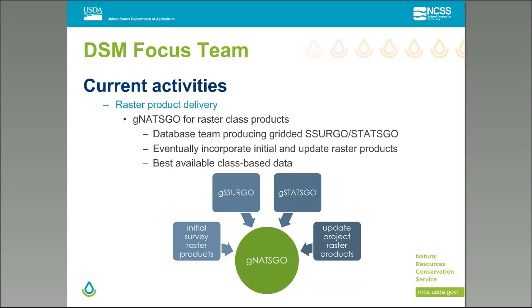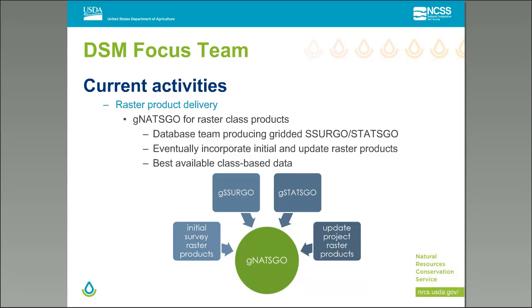Now the database focus team is working on this gNATSGO product as it's the tier 1 in the Soils 2026 effort. This gNATSGO product is a gridded SSURGO-STATSGO blended product, with STATSGO in places where we don't have SSURGO.